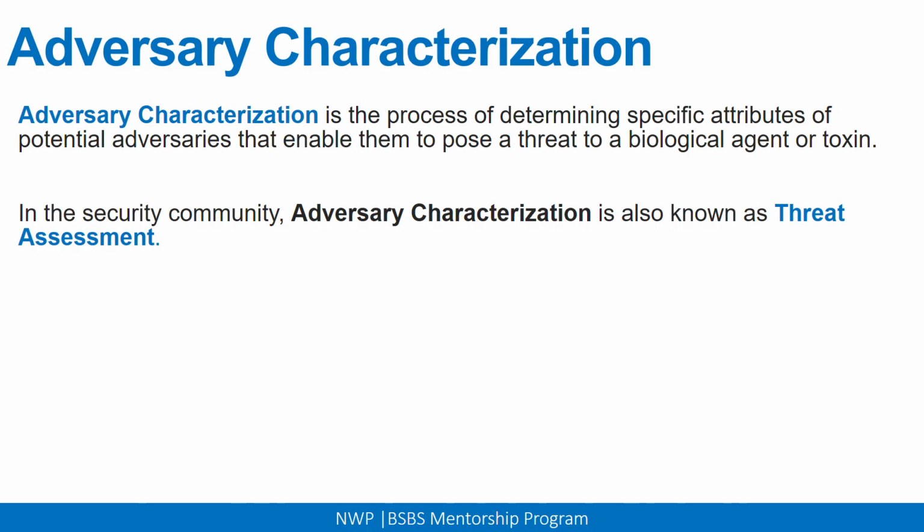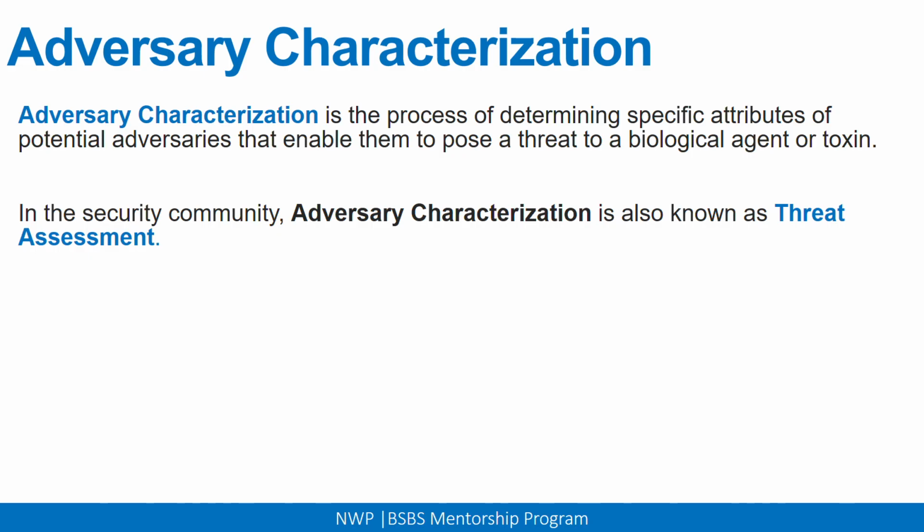So adversary characterization is a process of determining specific attributes of potential adversaries that enable them to pose a threat to a biological agent or toxin. In the security community, adversary characterization is also known as the threat assessment.